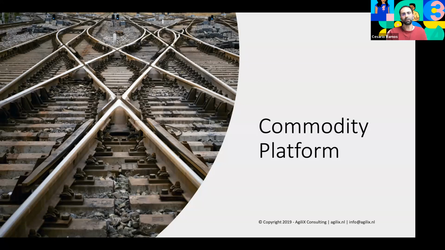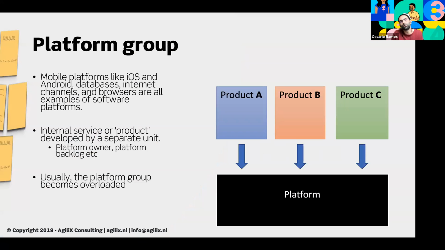another principle that you can use to think and discuss in your organization. And that has to do with platform groups. So a platform is a shared piece of code, for example, with some commodity functionality on it, like iOS or Android or databases or internet channels. Those are platforms, and those are commodity.